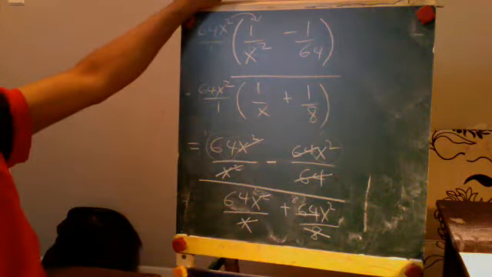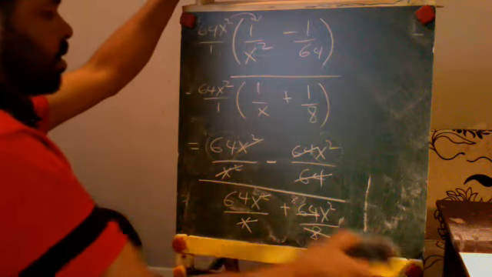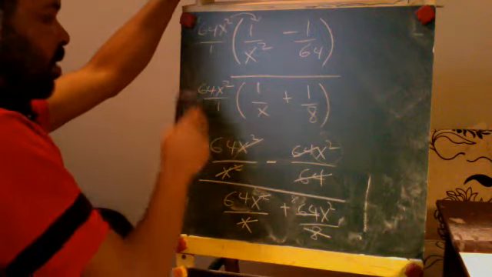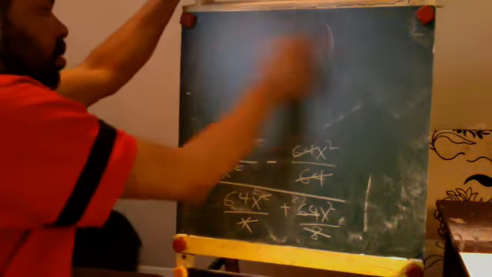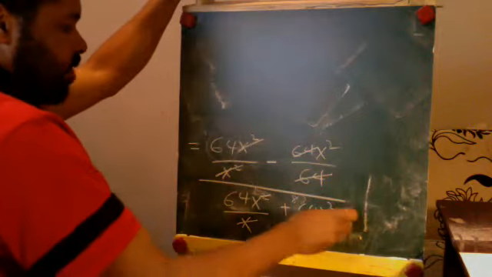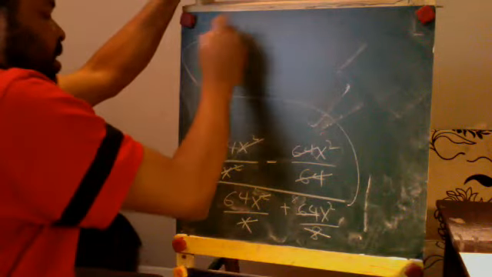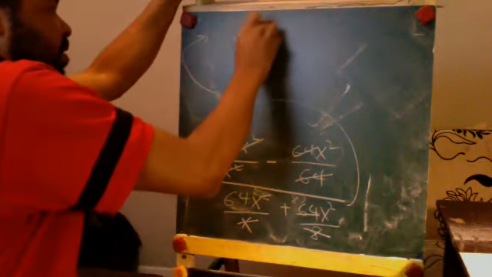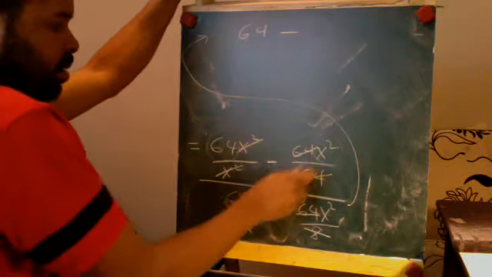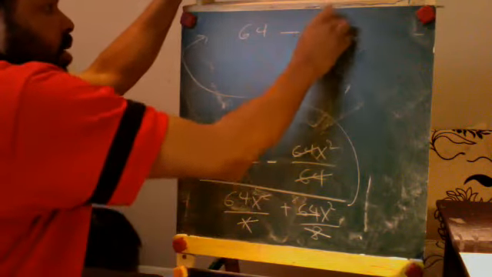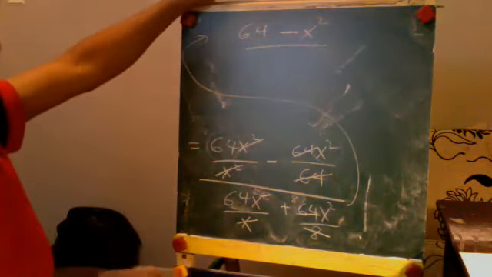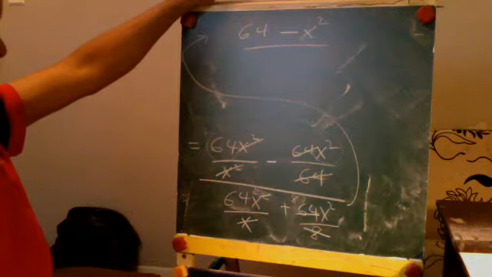All right. So what I'm going to have now, in the end, I need to erase this in some worst space. What I'm going to have is that this complicated thing is going to basically be 64 minus x squared in the numerator.